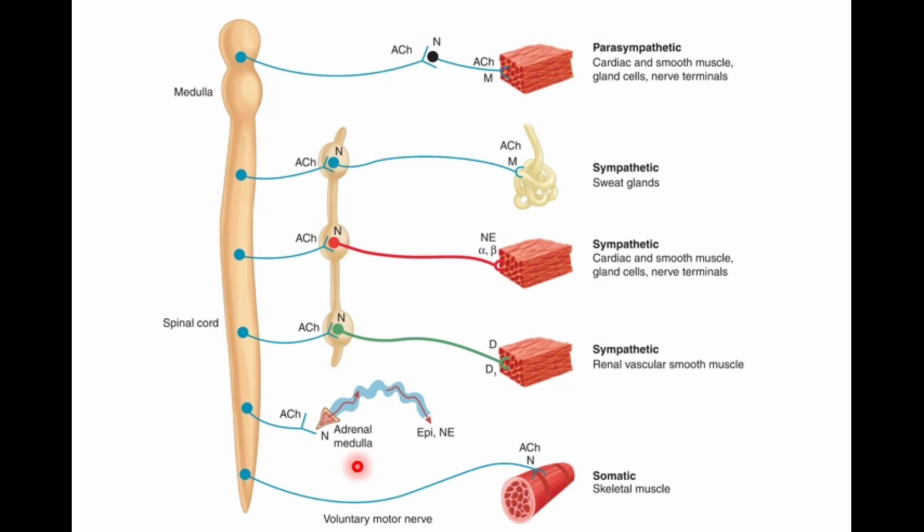Sympathetic activity causes release of adrenaline into the bloodstream. The somatic neuron emerging from the spinal cord directly innervates skeletal muscle. These motor neurons are cholinergic, and the pharmacology of cholinergic neurons also applies to them.